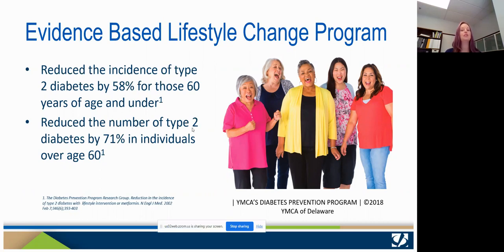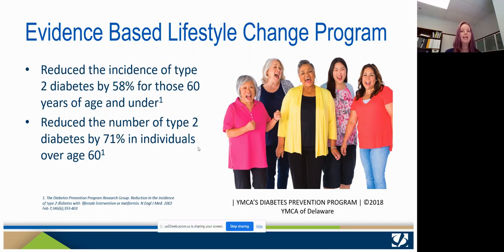So these are the results from that study, and they actually looked at the participants 2 years after they completed the program. To look at somebody 2 years later and find out that 58% of those people did not develop type 2 diabetes is pretty huge. And with the senior population, it was even higher, 71% did not develop type 2 diabetes.